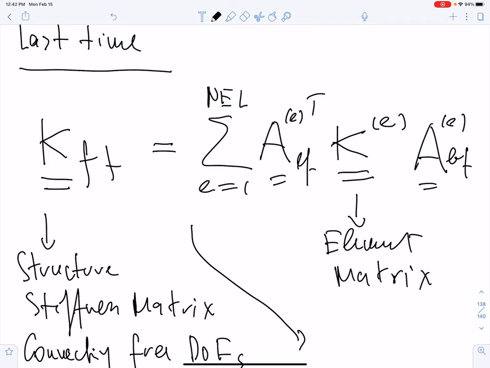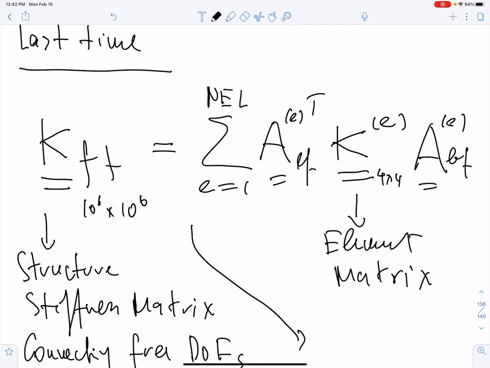Think of some kind of scaffolding or a roof and the supporting structure for a large football stadium, or a long span bridge, where KFF would be of order 10 to the 6 by 10 to the 6, a million by a million. The element matrix for the truss is fixed. It's 4 by 4 in 2D. In 3D it's a little larger, but these numbers are between order 1 and order 10.